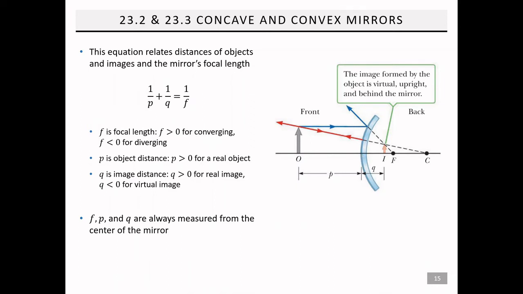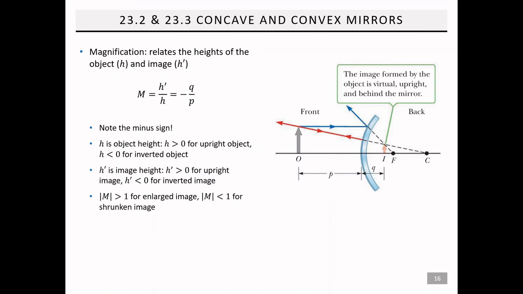And 2 more things. First of all, I said P less than 0 earlier. I meant to say P greater than 0. And secondly, this is called the lens equation because it is true for lenses, but it is also true for mirrors. Nonetheless, we called it the lens equation, or the thin lens equation.